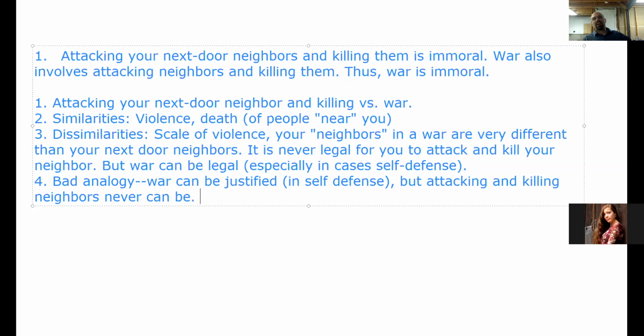And this issue directly pertains to whether or not war is moral. By and large, all the answers I was seeing in this particular problem looked pretty good. Anyone have any question or anything they want to go over on this first question? All right. Let's move on to the second one.